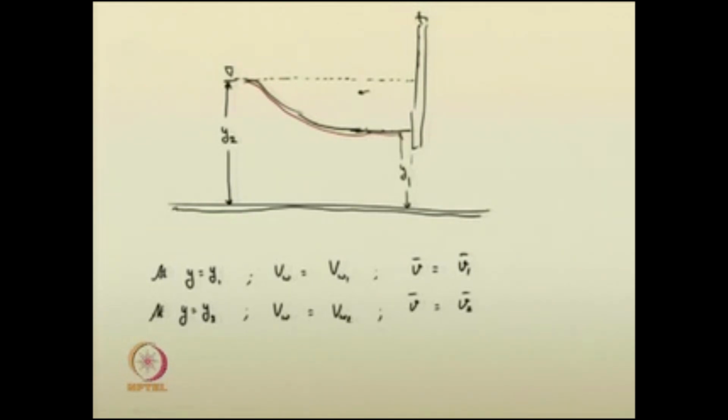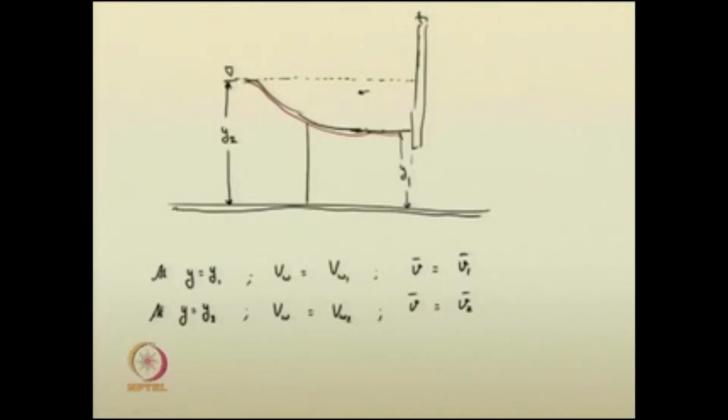I will be integrating from the known position, y 2, to any unknown region, say here at this depth y. I want to find the velocity of the wave there. V w is an unknown quantity here. So, using these boundary conditions, I am going to solve the equation in the following form.